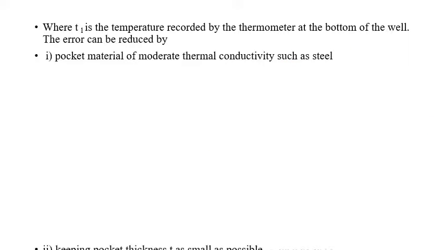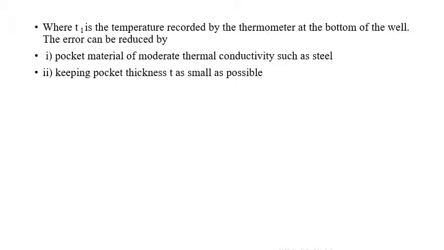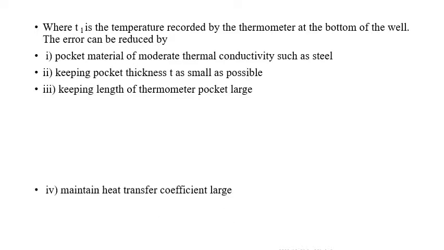Also keep the pocket thickness as small as possible, then the error happening can also be reduced. The third one is keeping the length of the thermometer pocket large, as large as possible. If you keep that length larger, then the error can also be reduced.